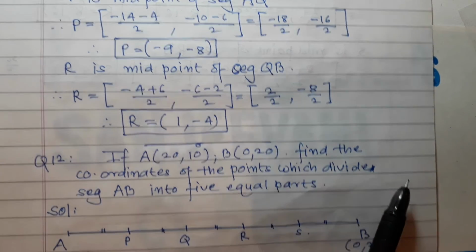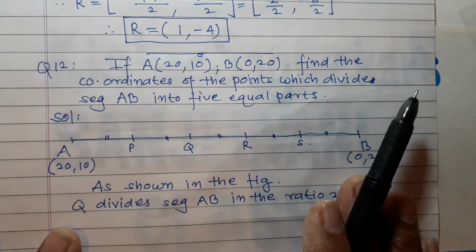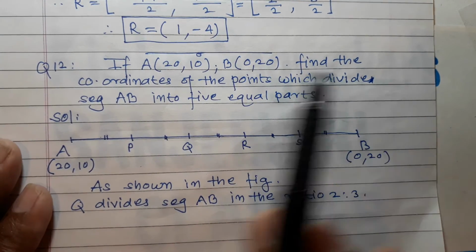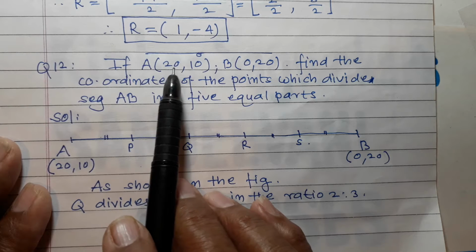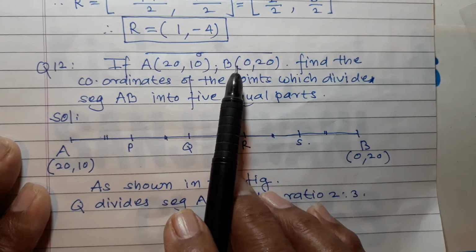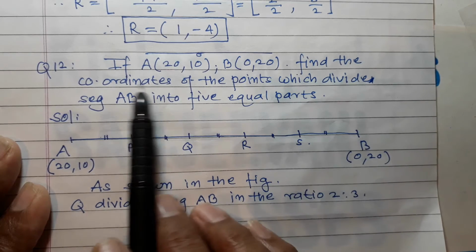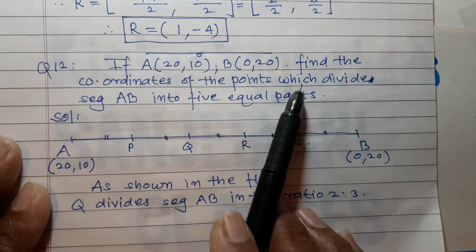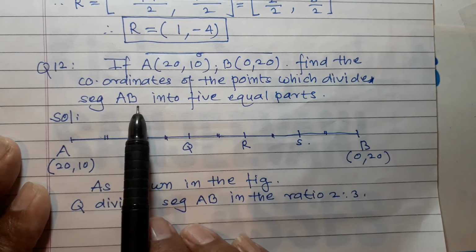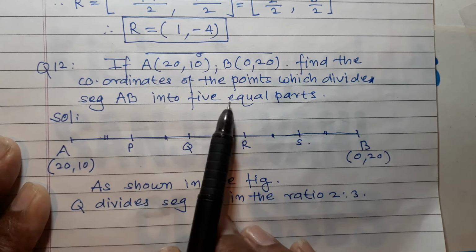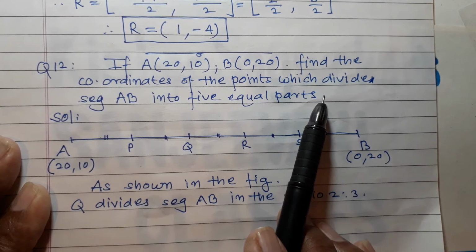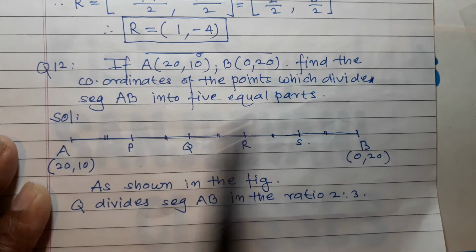Then next question, question number 12. If A(20, 10), B(0, 20), then find the coordinates of the points which divide seg AB into 5 equal parts. Okay.